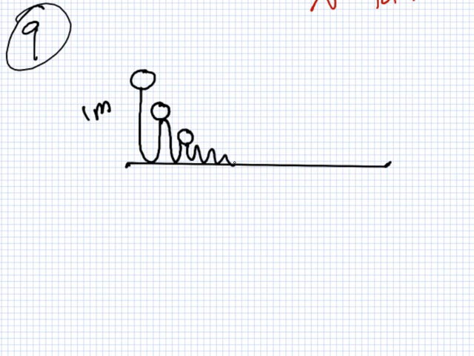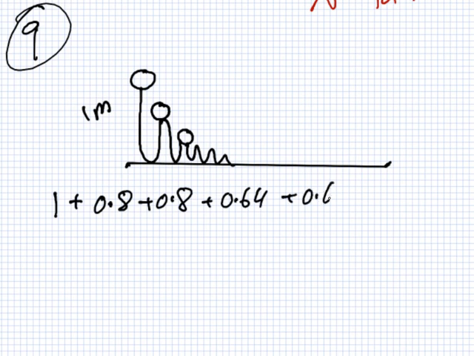It's just moving up and down, straight up and down like that. Okay, so let's add up how far it has travelled. So it has travelled in total 1 plus 0.8 plus 0.8 plus 0.64 plus 0.64.